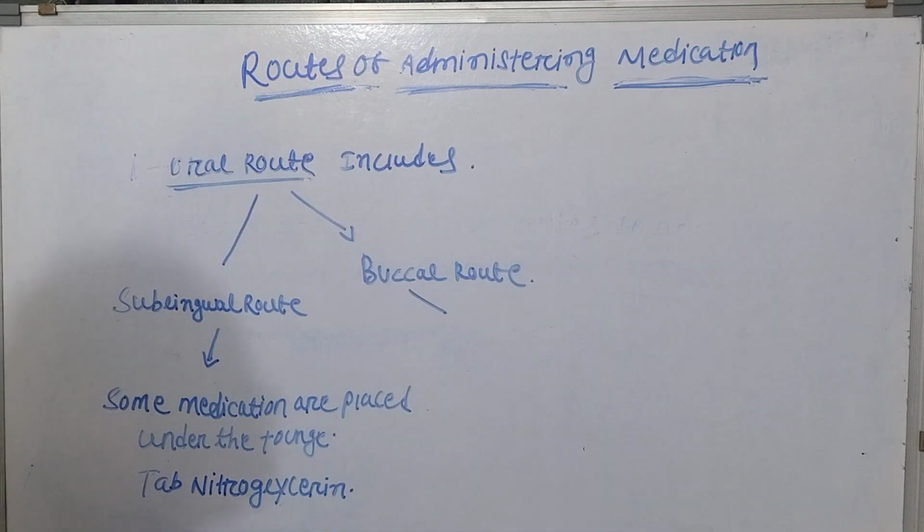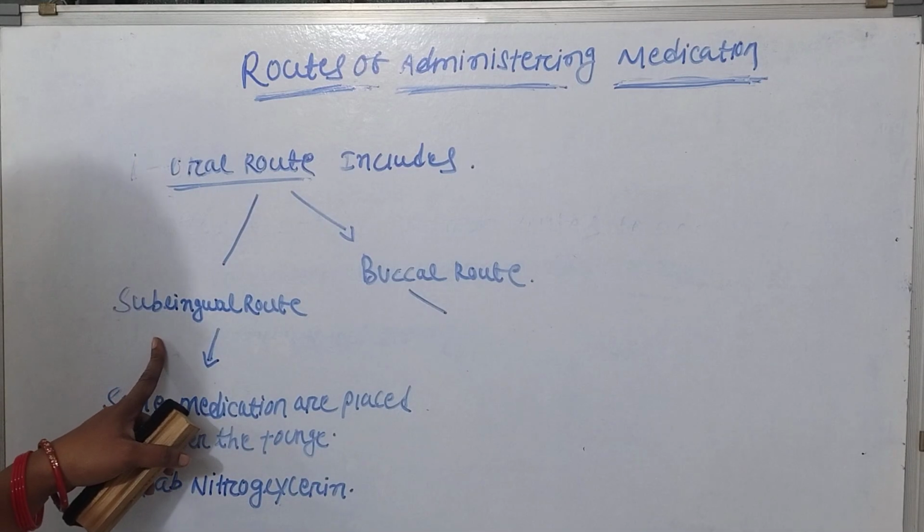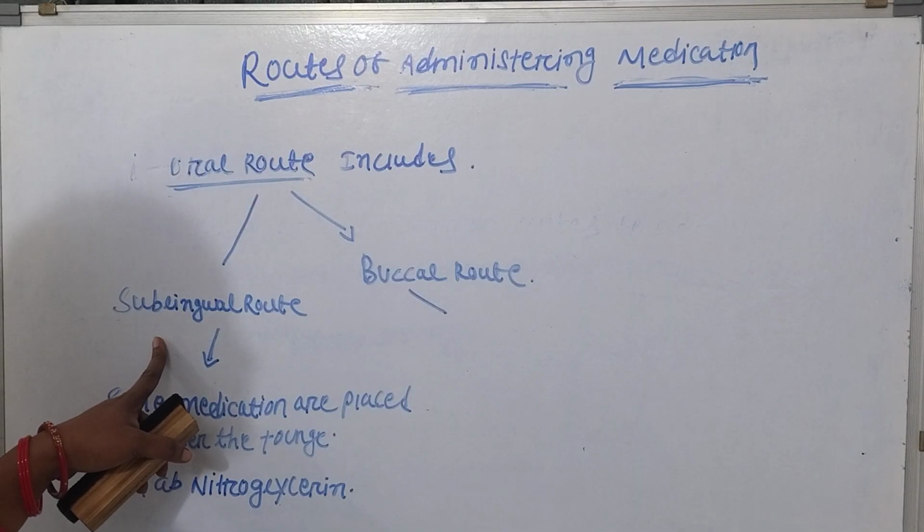If a patient is suffering from any heart disease and complaining of chest pain, then the doctor will prescribe this medicine. After that, you will give it, otherwise you can't give it. So tablet nitroglycerin you will give by the sublingual route for immediate effect.